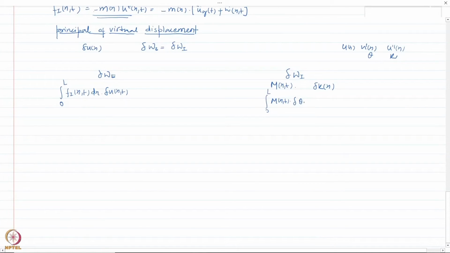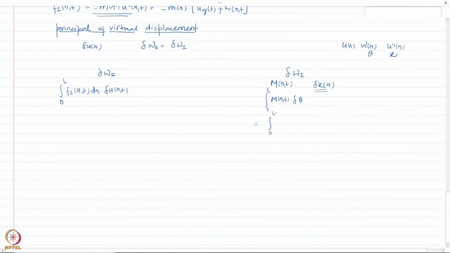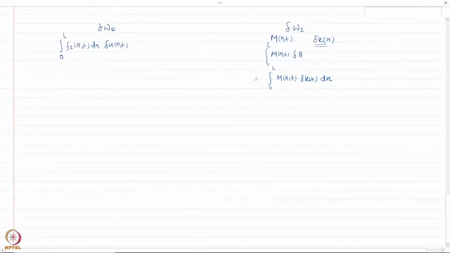Now del theta is nothing but curvature times the height being considered, so I can write this as the integral from 0 to L of M of x,t times del kappa of x times dx. You might remember from undergraduate beam theory that M of x,t is written as EI of x times u double dash of x, and then there is del kappa of x times dx.